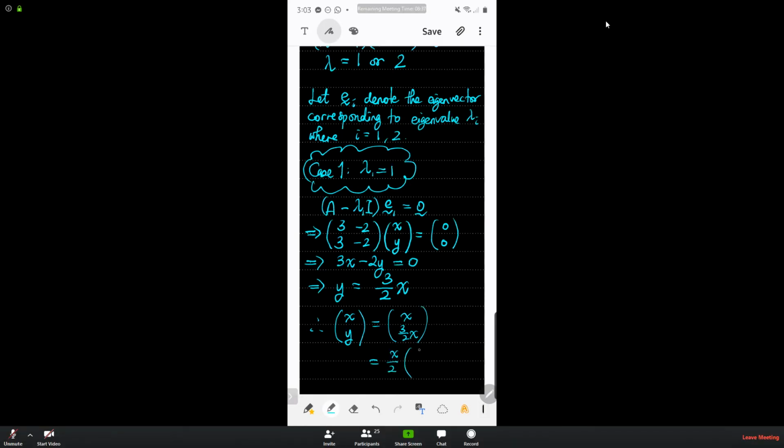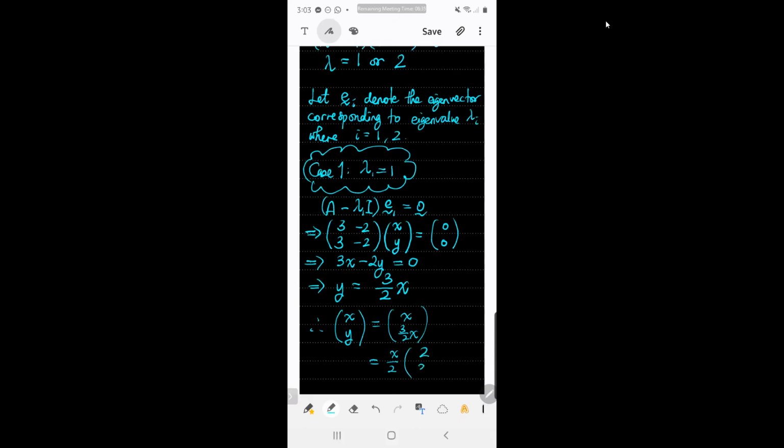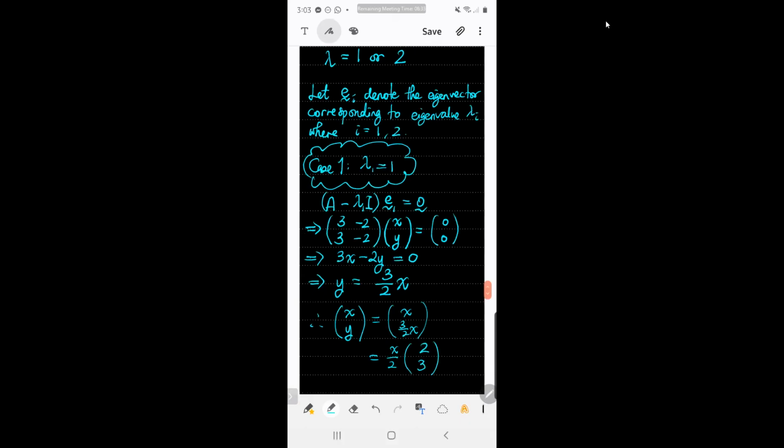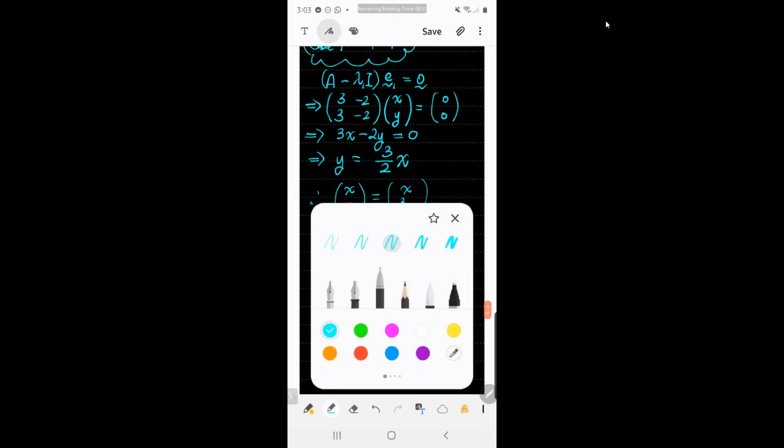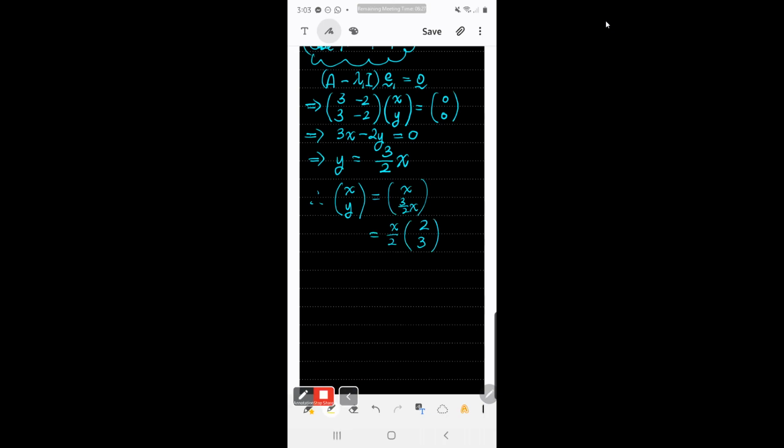Here I know that this is 2, and this is 3. So in this case, you take the numbers 2, 3 as our eigenvector. So this will be our eigenvector 2, 3. That is the first answer. You take this 2, 3 without considering the x over 2. This is not important.